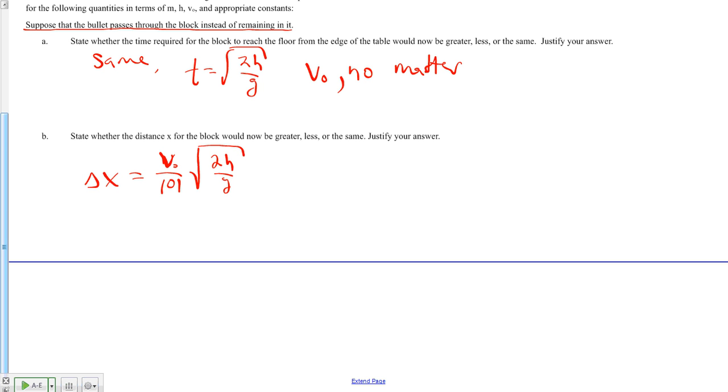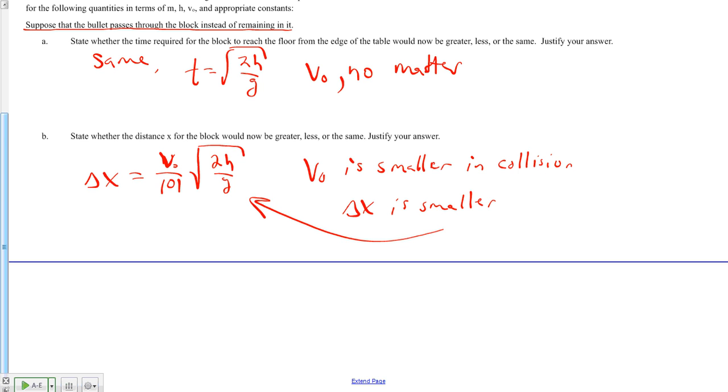Impulse is less. You could also argue that the bullet carries away some momentum, so it couldn't have transferred as much momentum to the block. It also carries away energy, which didn't go to the block. So since the block's speed is smaller after the collision, change in x is going to be smaller as well, according to that. Bullet carried energy, some form of that.